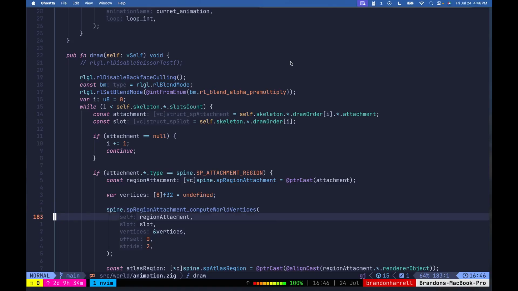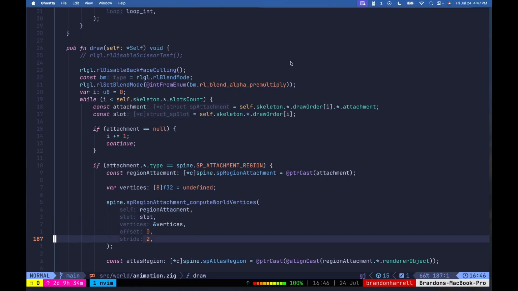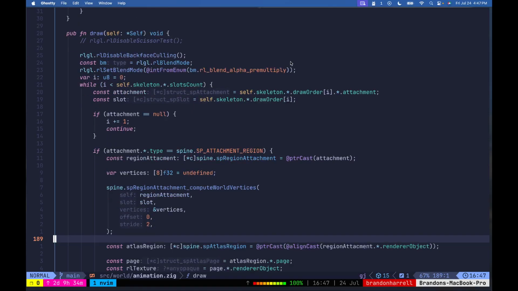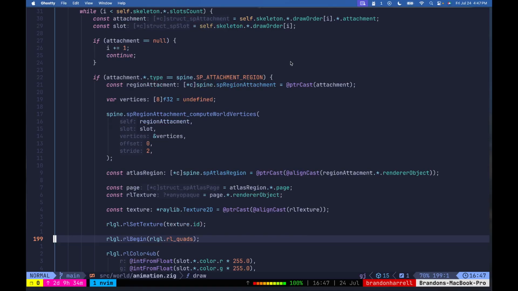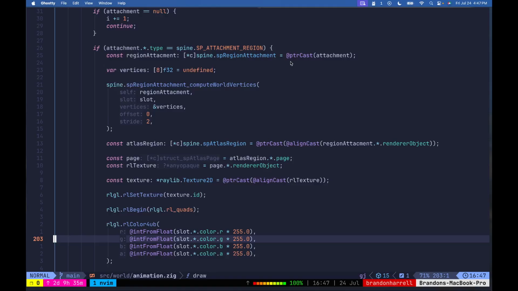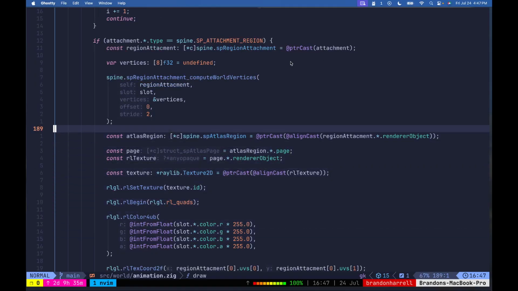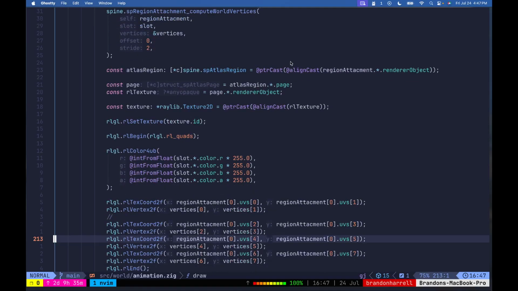Then you pass these vertices, and we get the real vertices, then we iterate through each slot. Each slot is what attaches the bone. So you have attachments, and anything that assembles the body is considered a regional attachment. It's very important.